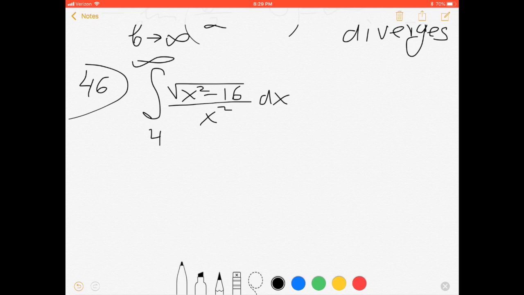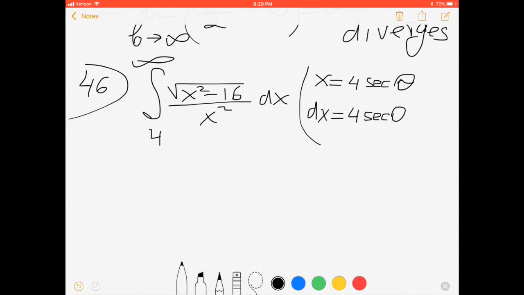Because inside the root we have a function minus a constant, we use the substitution with secant, and x will be 4 secant theta. This means dx is 4 secant theta tangent theta d theta.